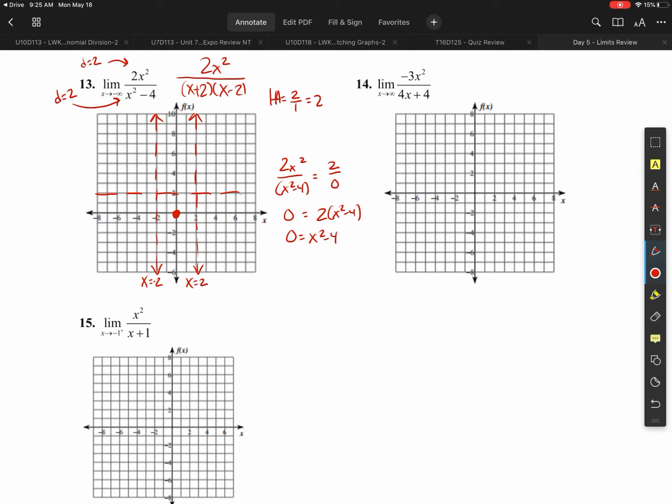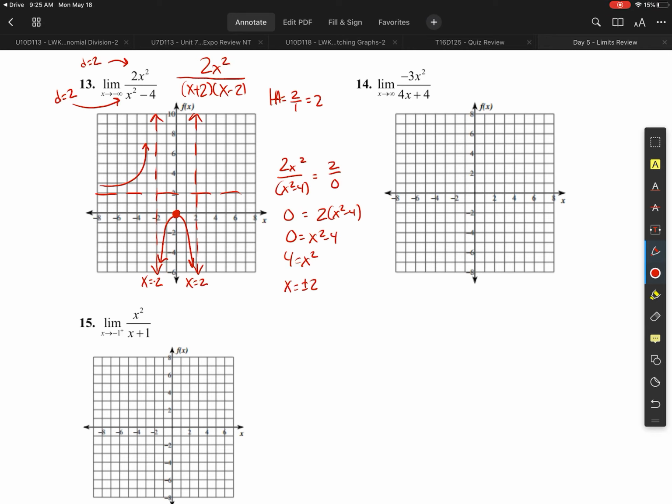We would divide by 2, 0 equals x squared minus 4. 4 equals x squared, x equals positive or negative 2. Well, that's not possible because those are our asymptotes. So it's not passing through our horizontal.